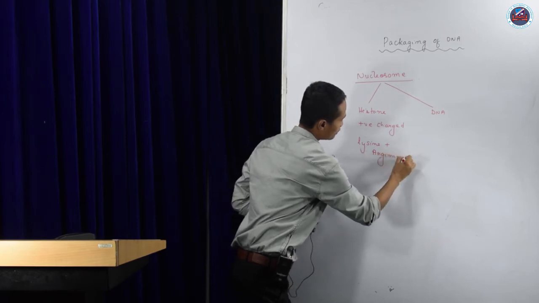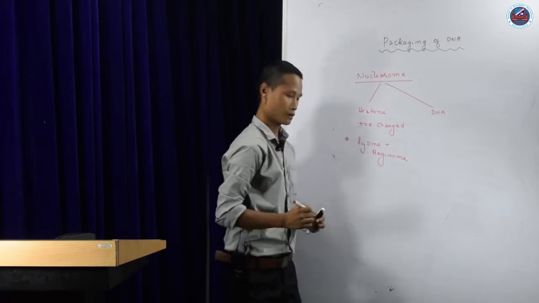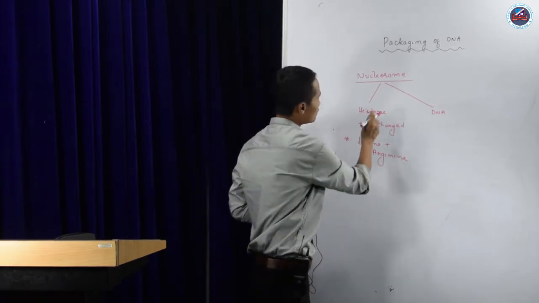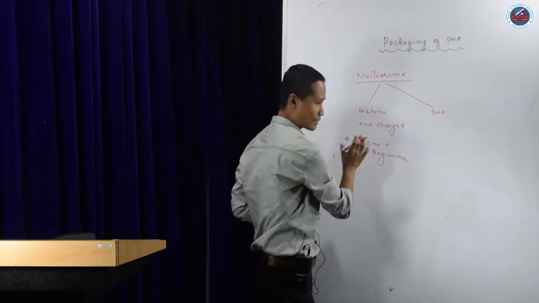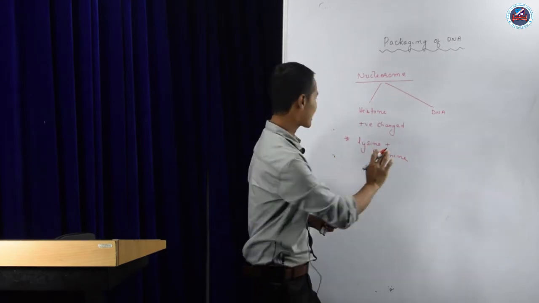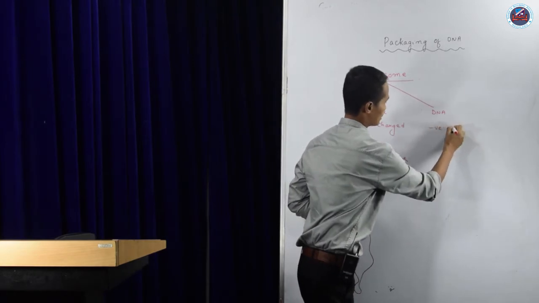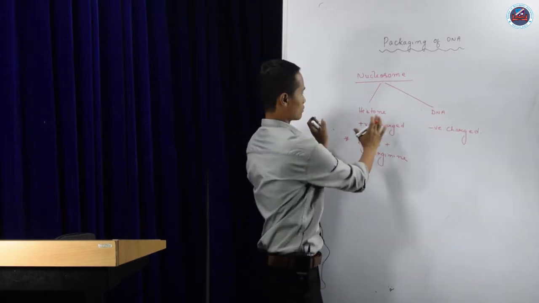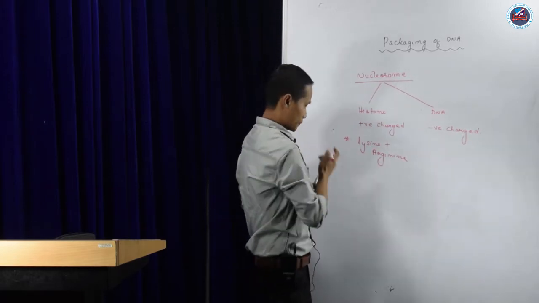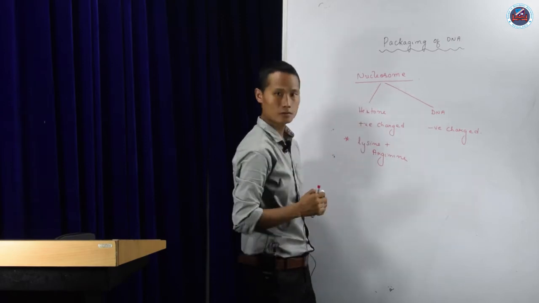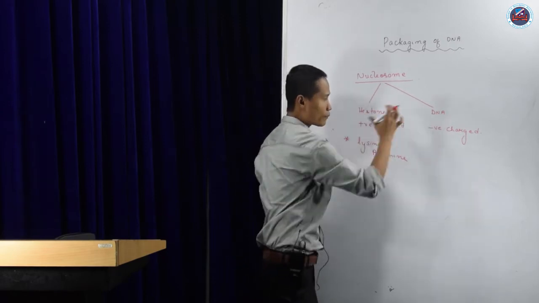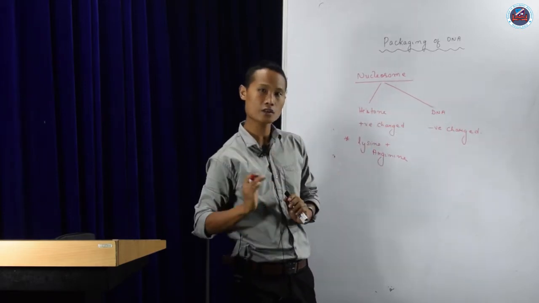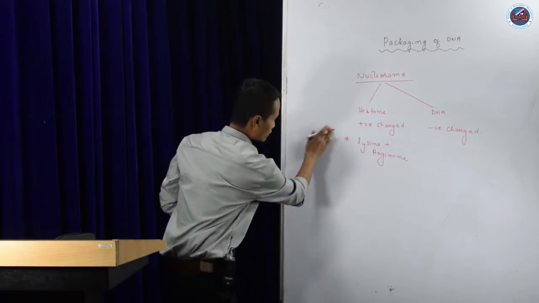This is very important to know for your NEET examinations; these questions were asked. So histone is positively charged, with the basic amino acids lysine and arginine, whereas DNA is negatively charged. So these are the components of the nucleosome. When histone is wrapped with DNA, it is said to be a nucleosome. I'll show you the structure.